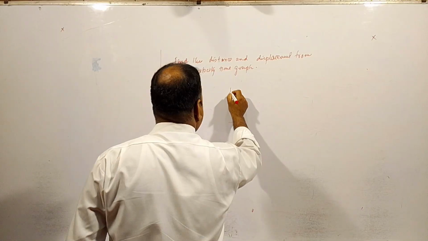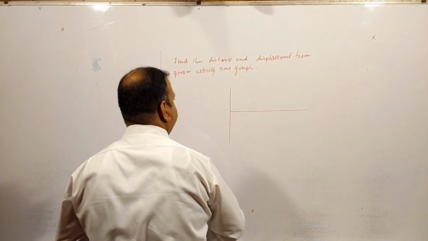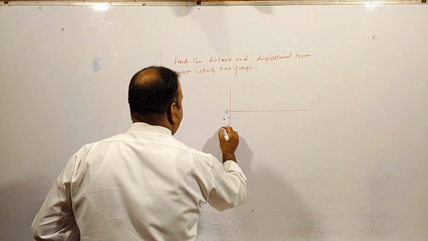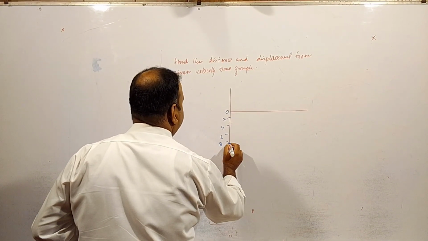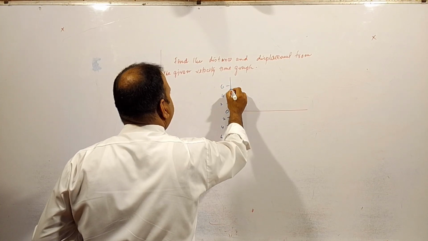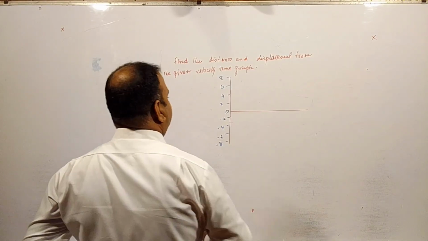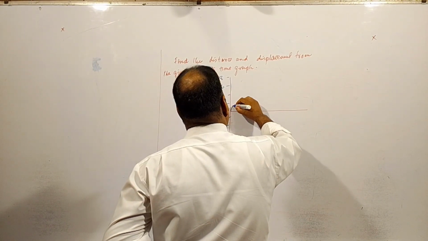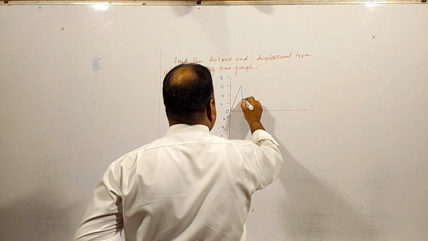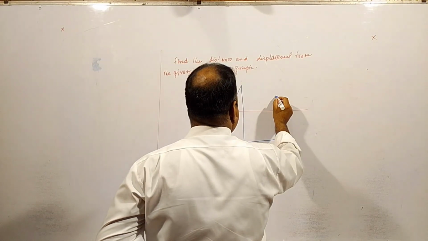So this is the graph given to you. Suppose here is the 0 position, and here 2, 4, 6, 8, and here 2, 4, 6, 8. This side will be negative: -2, -4, -6, -8. The graph goes like this up to 6, and again it comes to 8 like this.